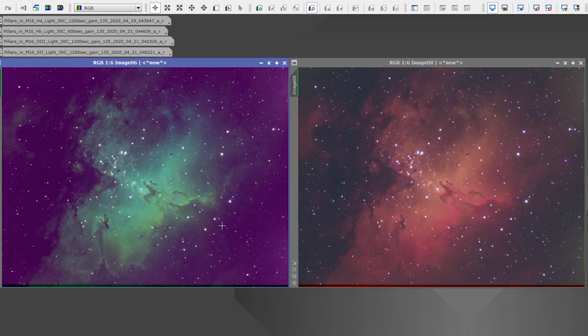But I have to keep in mind that these are single subframes. I don't have the signal to noise, I don't have a luminance, but I'm going to be really happy with this, I think. I just need more data.